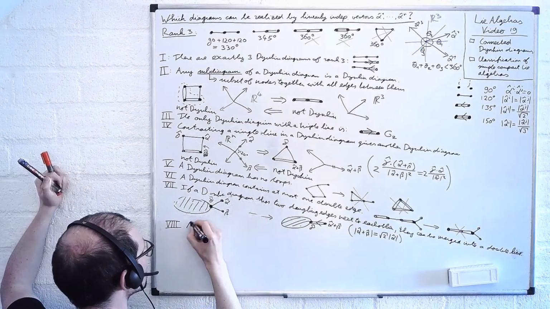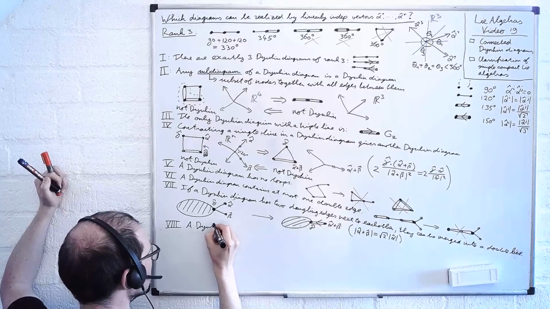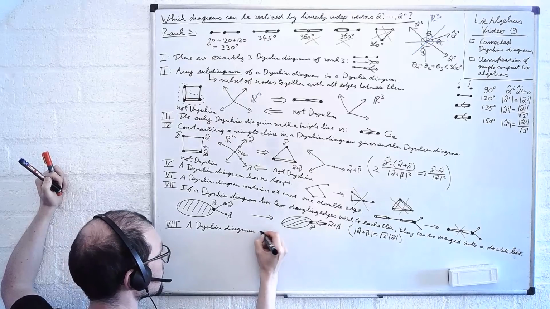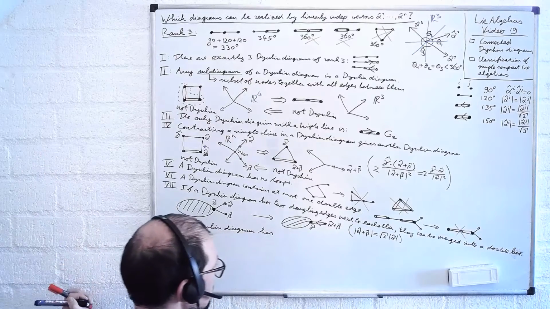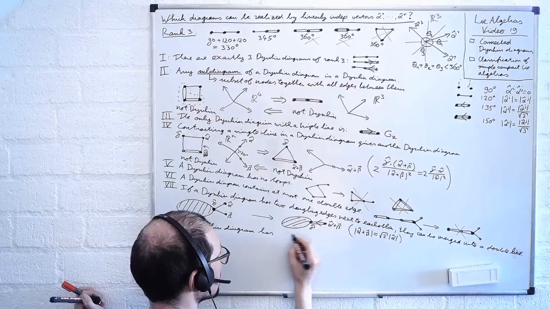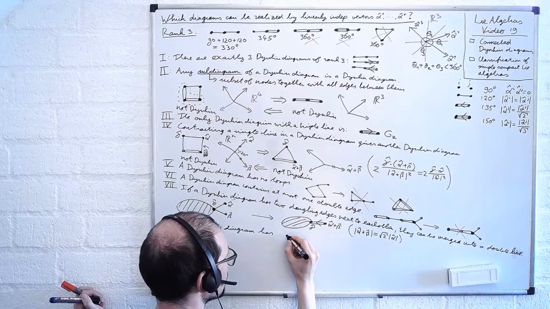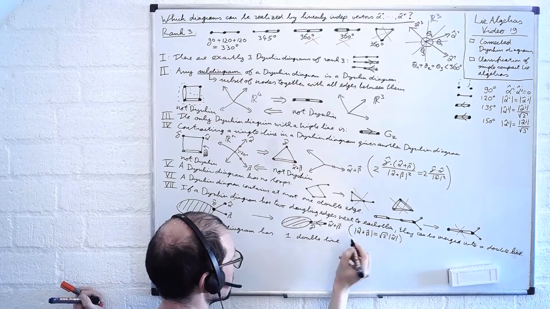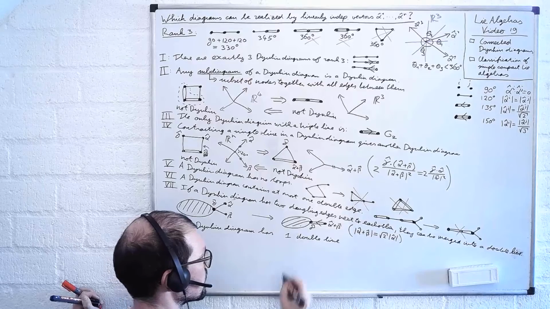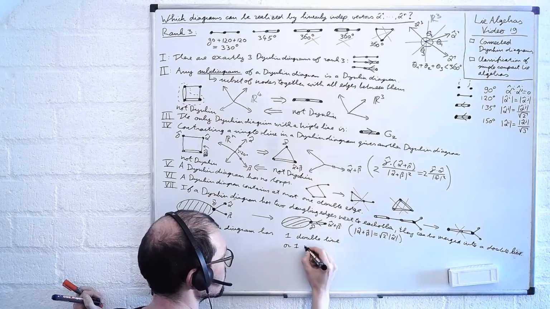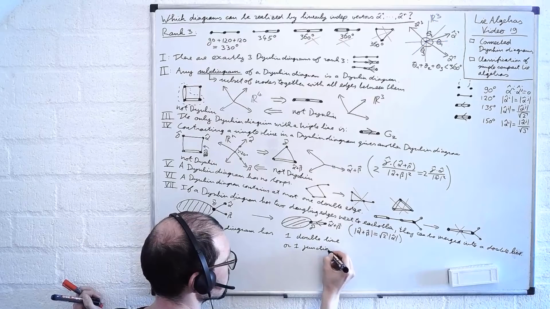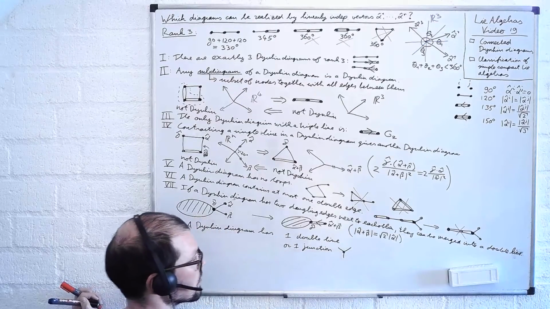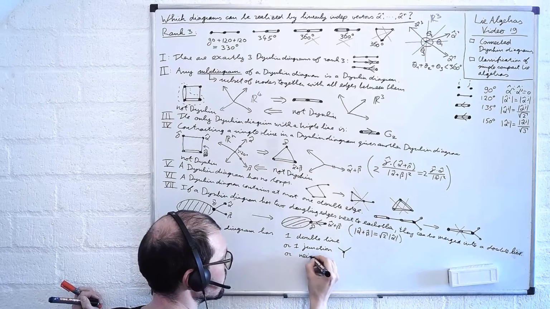A Dynkin diagram has either one double line or one junction of the following type, or none of these.